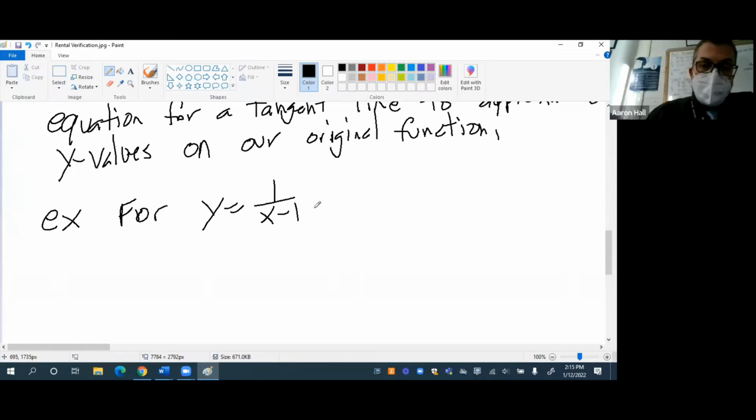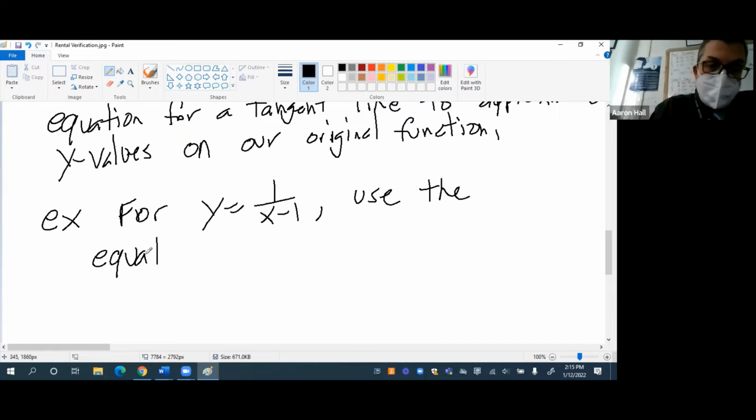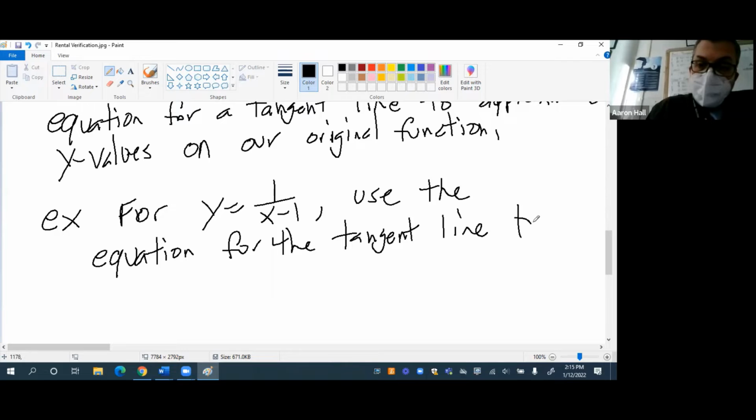So for y equals 1 over x minus 1, use the equation for the tangent line to approximate x equals -1.1.